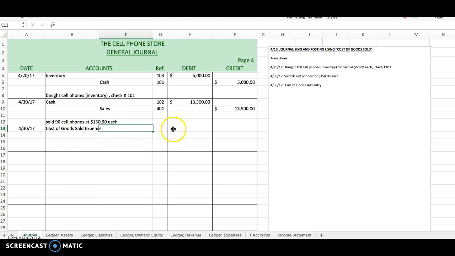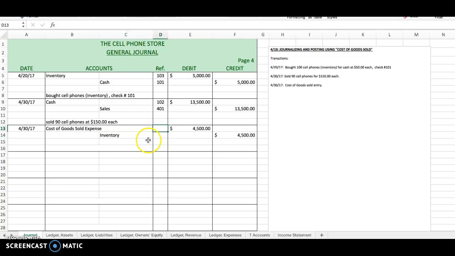So 90 times 50 is $4,500. So this is debited $4,500. That's the expense that we have associated with that sale. And now the credit goes to inventory because we have fewer cell phones on hand. So debits have to equal credits. So we now have reduced our inventory by 4,500.